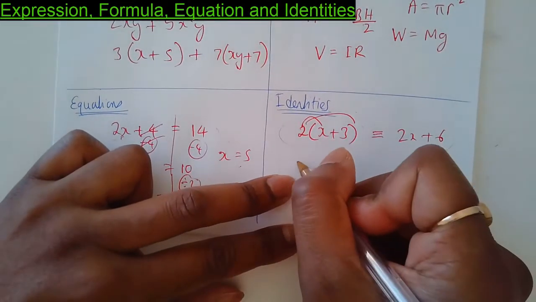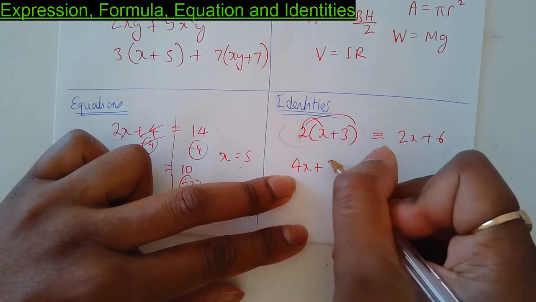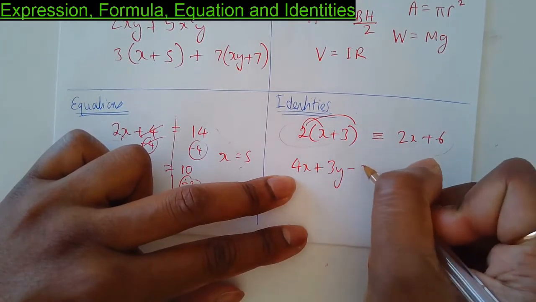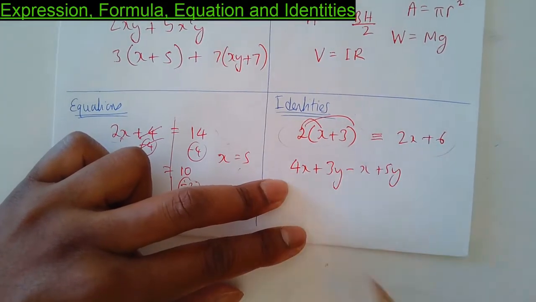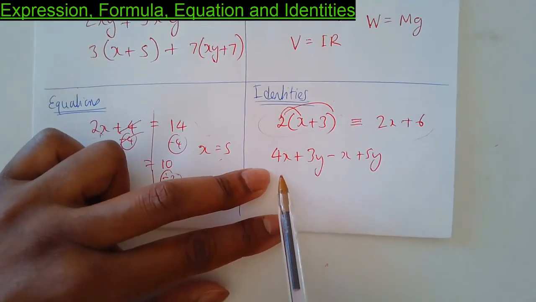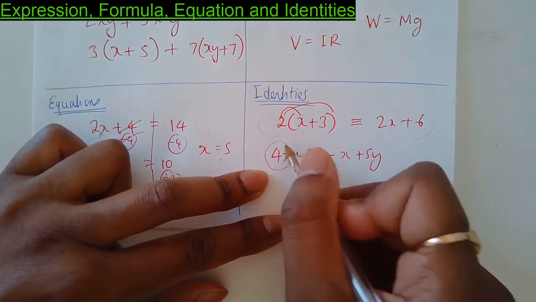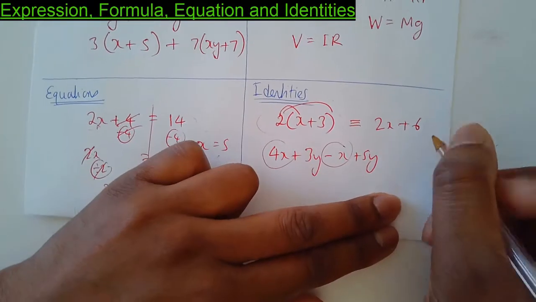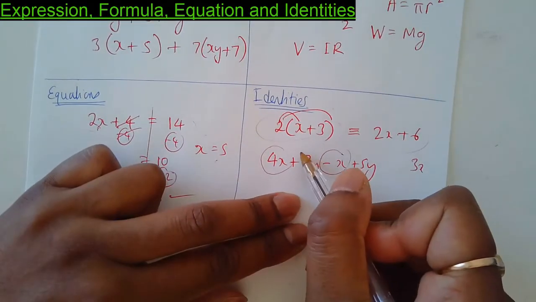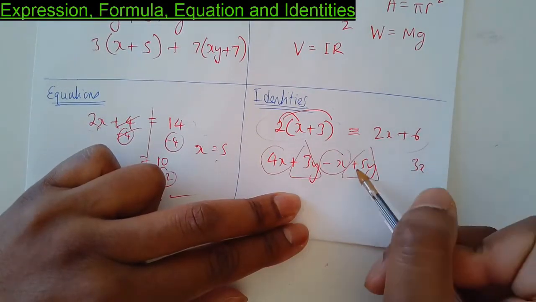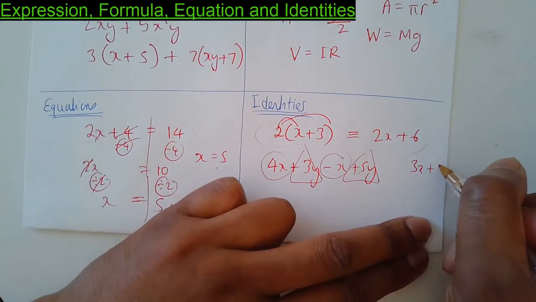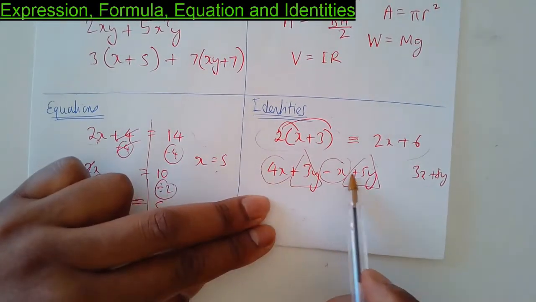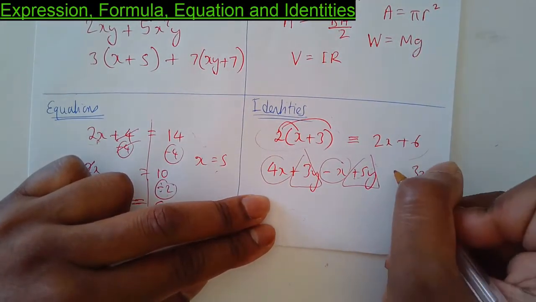You could have another one, look. That's an expression, but when you collect like terms, 4x take away 1x is equal to 3x, and 3y plus 5y is 8y. This expression is identical to this expression. That's the symbol there.